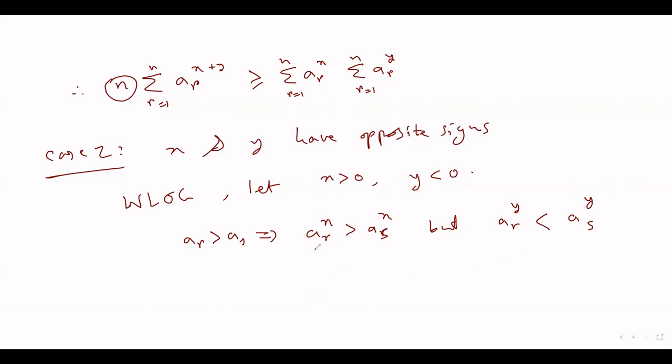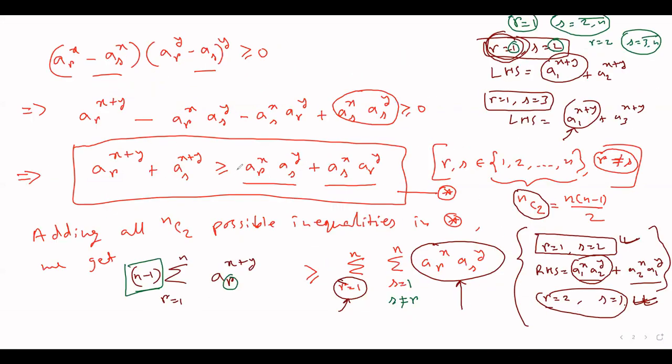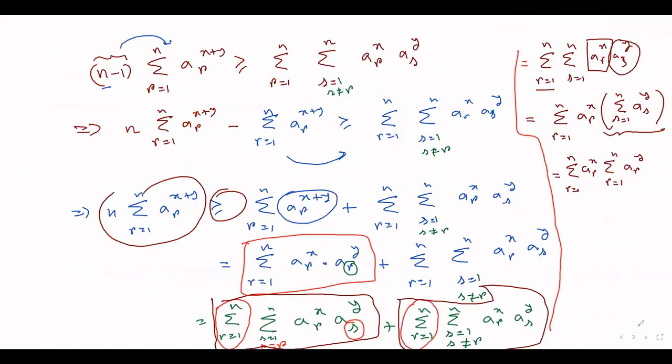So AR to the power X minus AS to the power X is positive, but AR to the power Y minus AS to the power Y is going to be negative. So the product is going to be negative. So this expression, we are going to have less than or equal to, and that is why all the signs are going to be reversed.